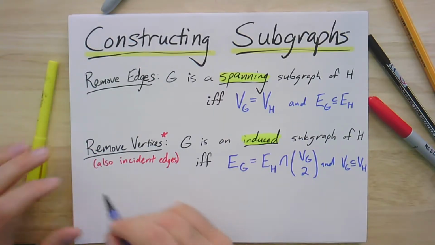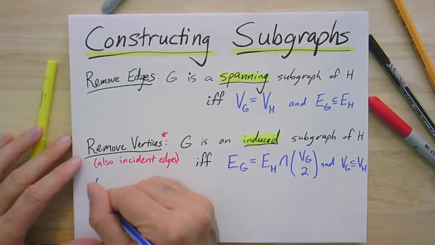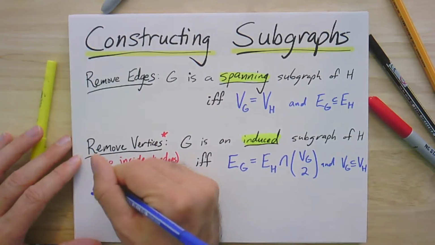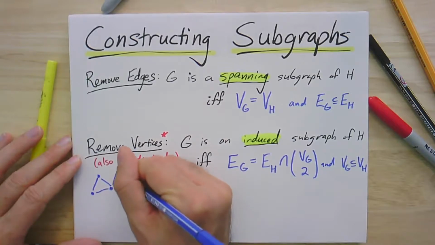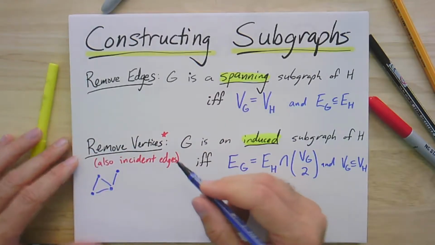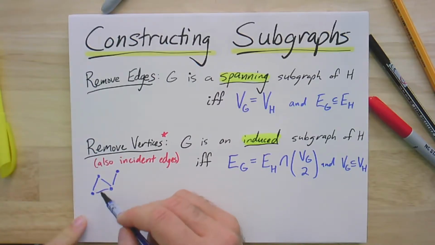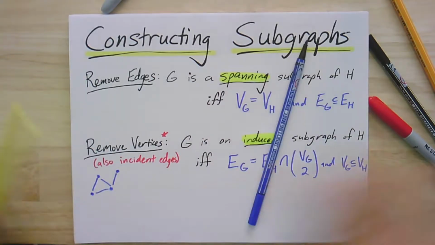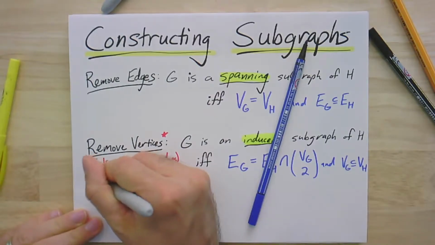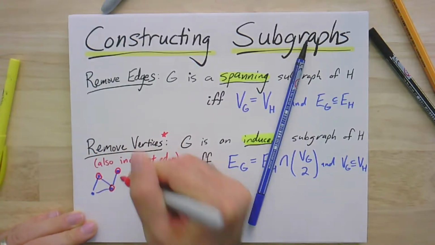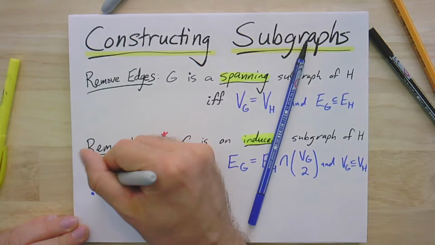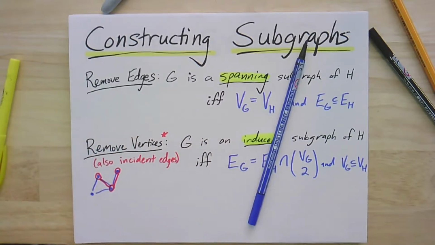So let me draw a quick example of this. If I have the graph that looks like this, if I take away a vertex, let's say I look at only the vertex set on these three, then I have to keep all the edges between those.